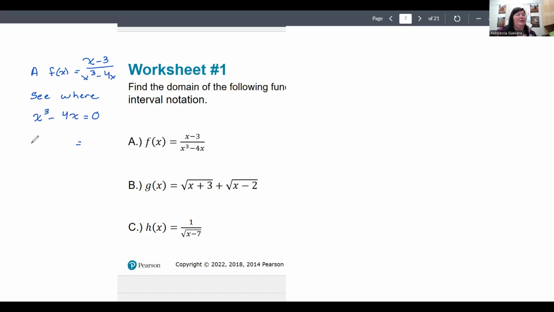If we factor out an x, we have x squared minus 4 equals 0. That breaks down to x times x minus 2 times x plus 2 equals 0. So that denominator is 0 when x is 0, 2, or negative 2.